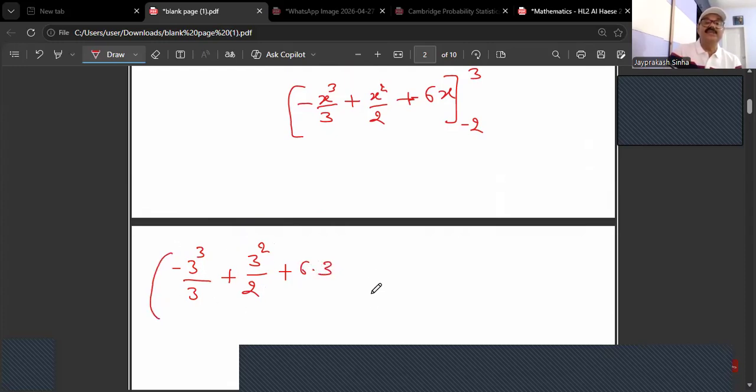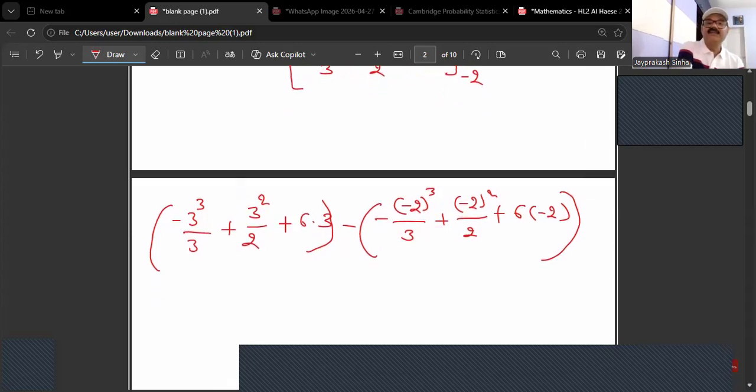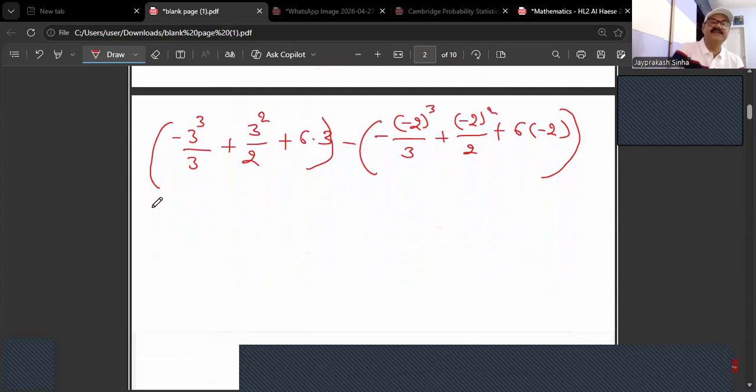So now we have already put the upper limit, minus, now we'll put the lower limit. So this will be minus and minus 2 to the power cube. Okay. While putting the values, take care. Okay. Minus 2 to the power cube upon 3 plus minus 2 square upon 2 plus 6 into minus 2. Okay, solve it carefully so that there should not be any silly mistake.